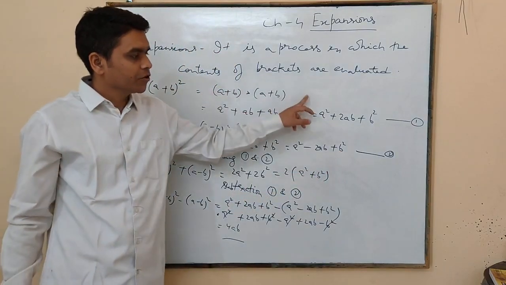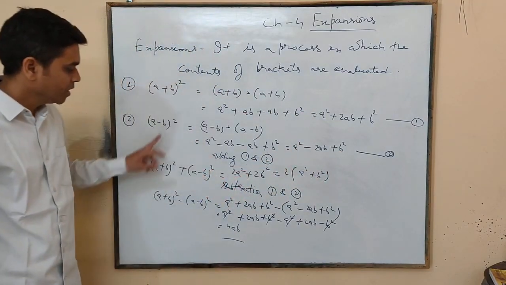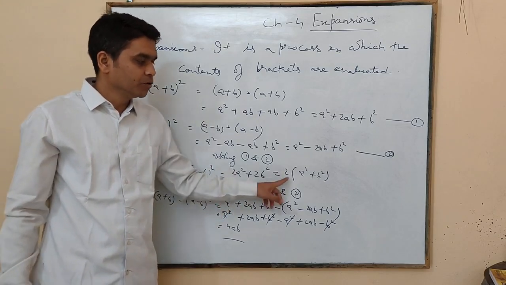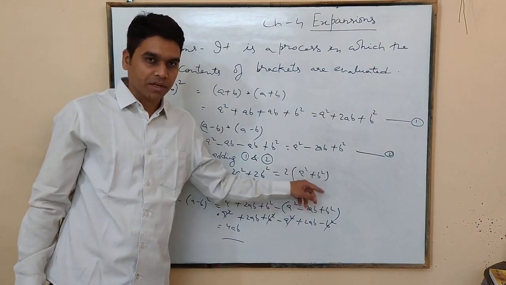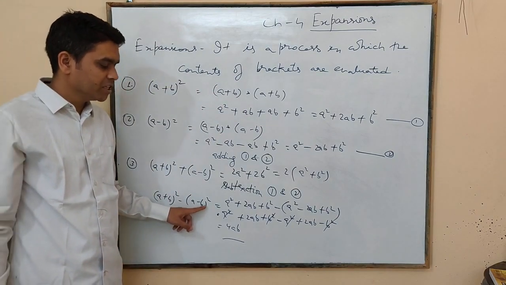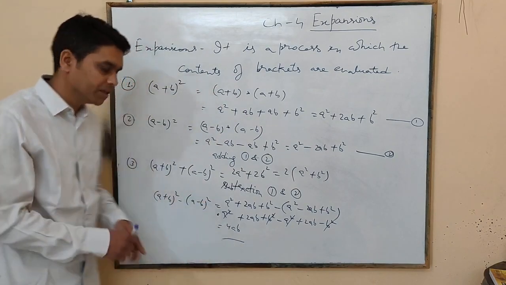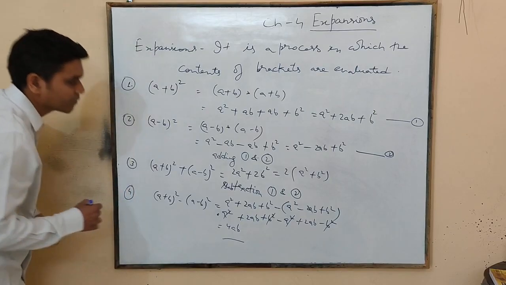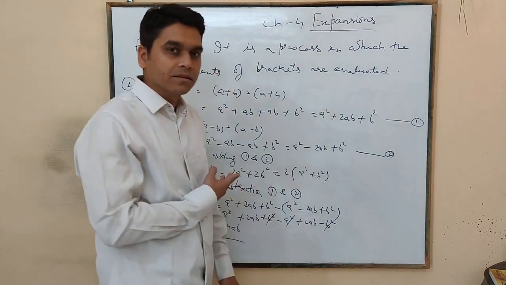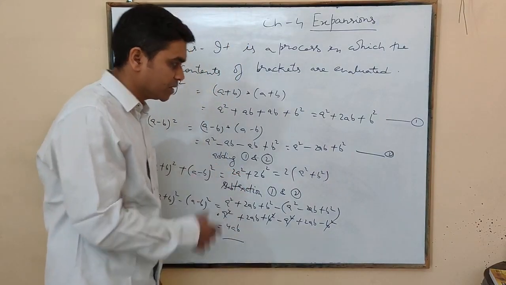Now adding equation 1 and equation 2: a plus b whole square plus a minus b whole square is 2 bracket a square plus b square. Now the fourth formula: a plus b whole square minus a minus b whole square is 4ab. Yes or no? So you take this down quickly, otherwise note down this.